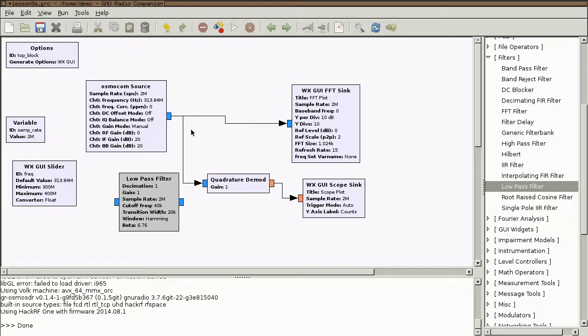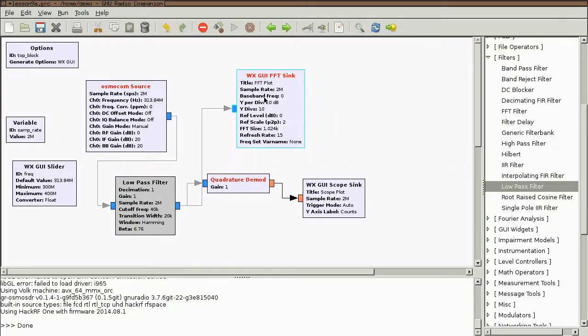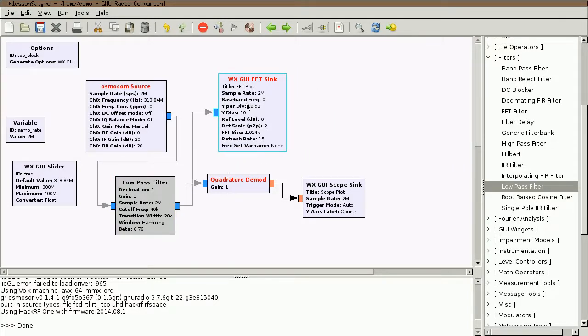And I'm going to insert this low pass filter between the Osmocom source and Quadrature Demod. And I'll also use its output for my FFT sink so that we can visualize what effect the filter has. Then I'll enable my filter by plugging it in or hitting the E key. And let's see what happens here.